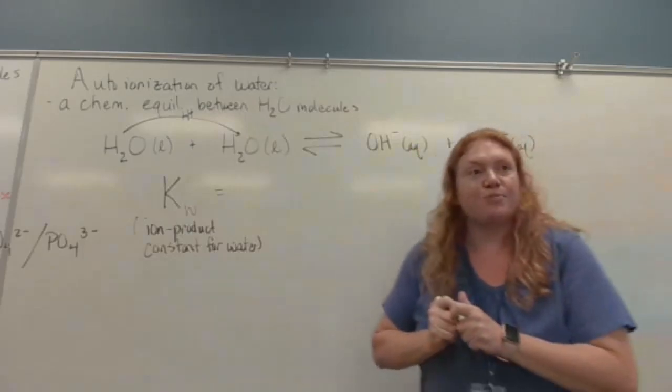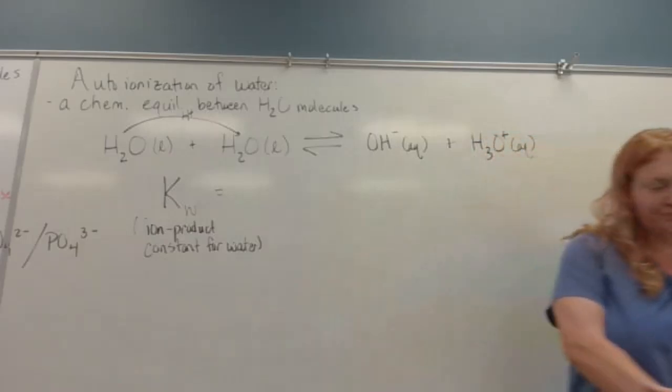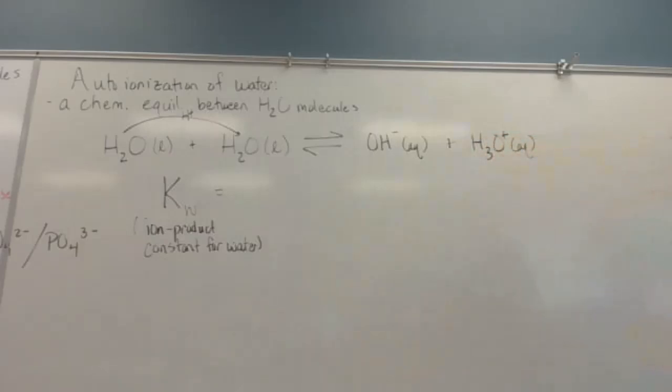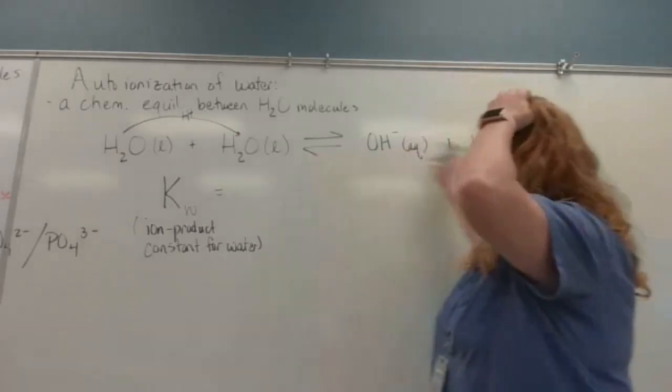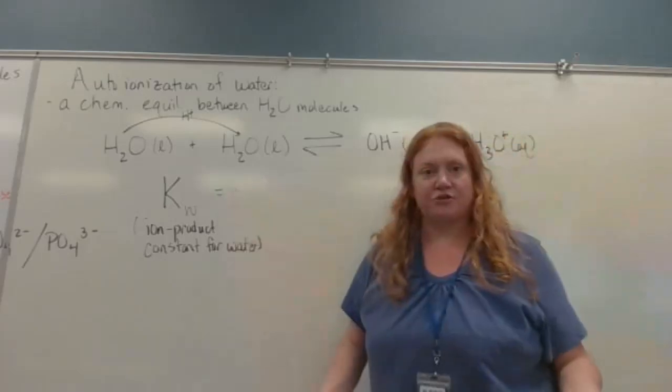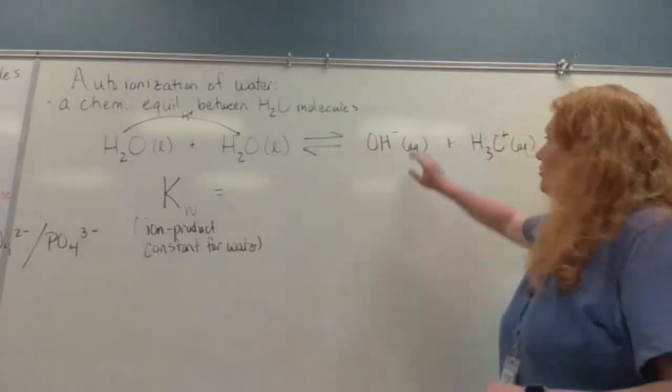You tell me, in a K expression for this, let me give you all a second. In our K expression, products over reactants, right? What does my K expression for water auto-ionization look like?